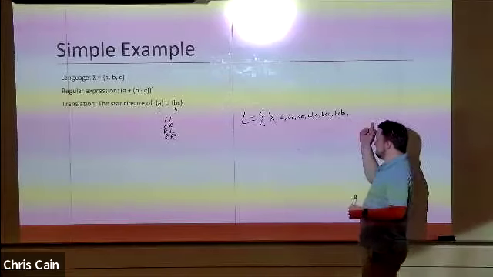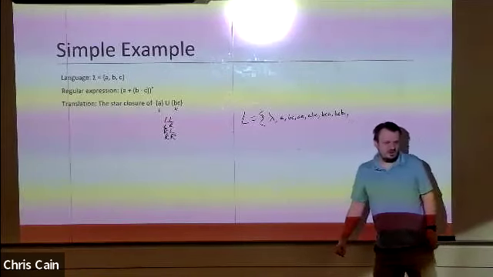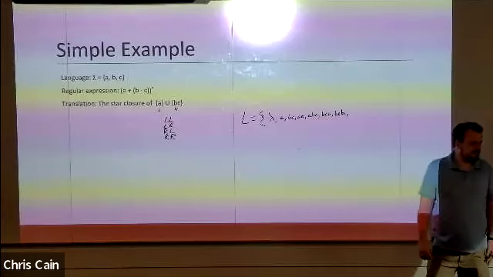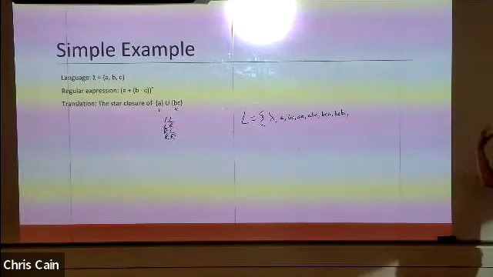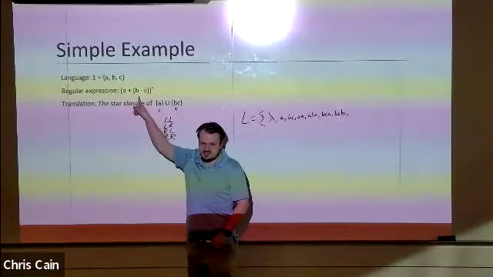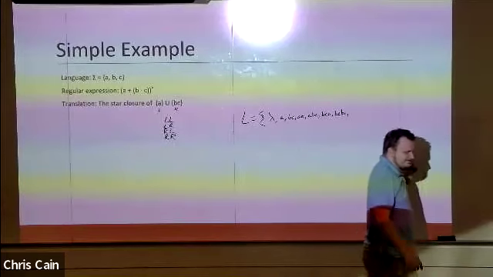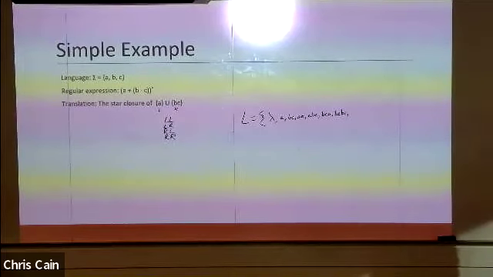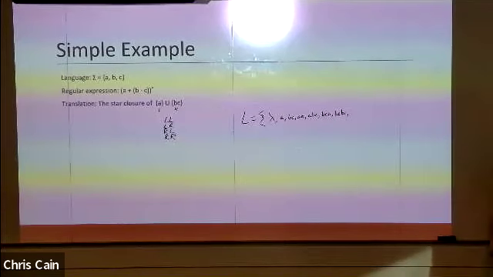So we continue this process for all L's or R's of length 3, length 4, length 5, length 6, all the way. So this is an infinite language, but this is basically the language that this regular expression represents. Questions about that? Does that make sense?